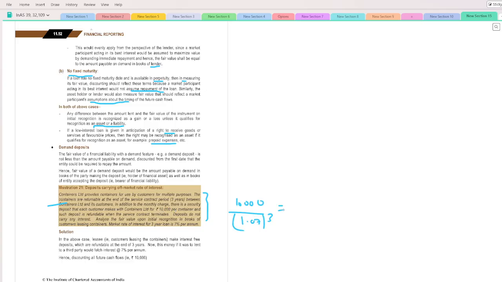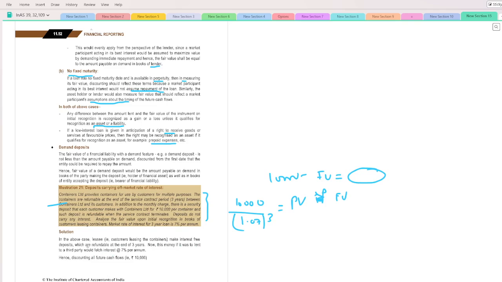Whatever amount you get is the present value, the fair value, which is the transaction price. Then 10,000 minus this fair value is the difference, which you will recognize as a refundable amount in the asset.